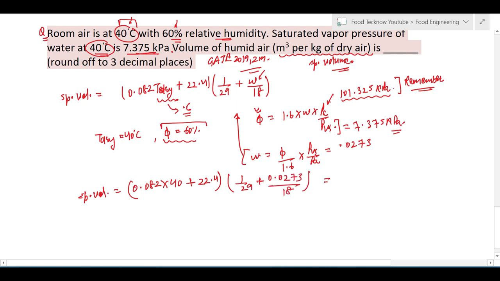So the final answer that we are getting here is 0.924. So this is our answer. And in the GATE key, the answer should lie in the range of 0.924 to 0.93. So your answer should lie in this particular range.